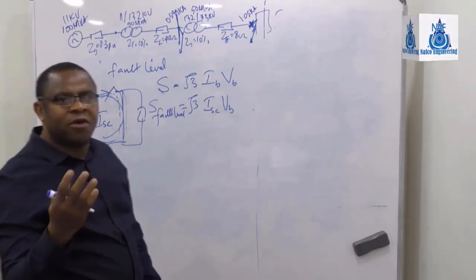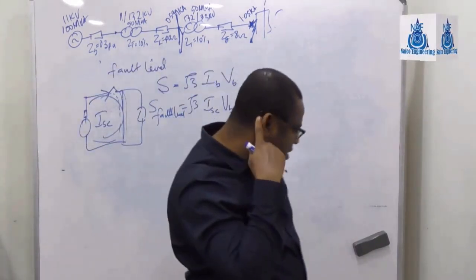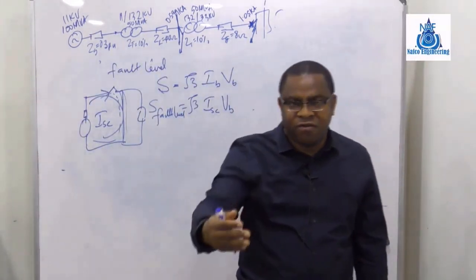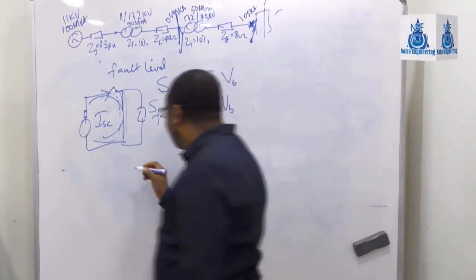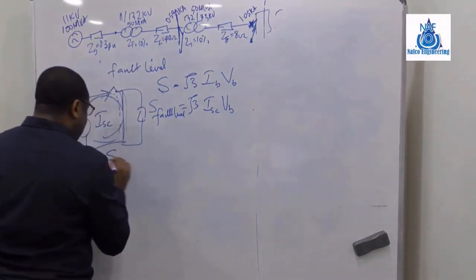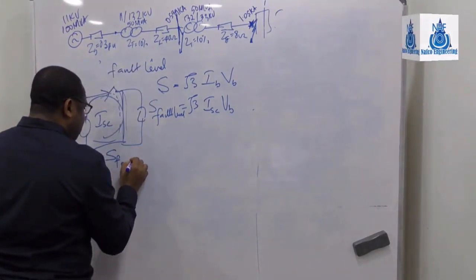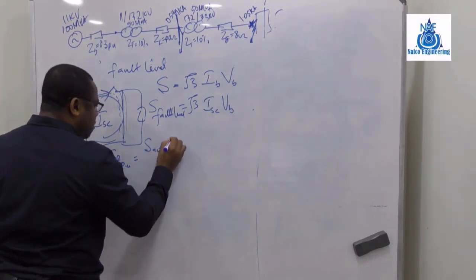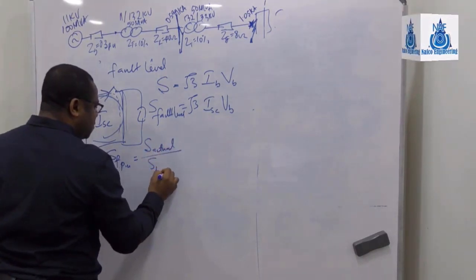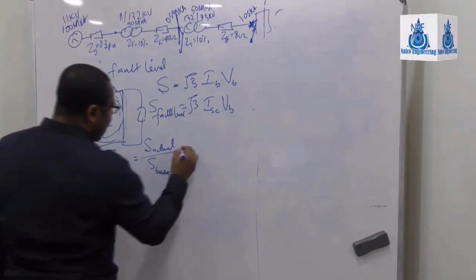And remember what we said about per unit. Per unit is actual value over base value. So if I want to get the fault level in per unit, S fault in per unit, I'm just going to say S actual over S base. And what is my S actual?